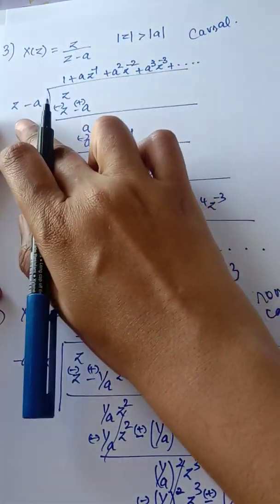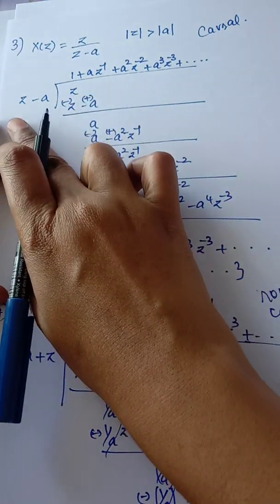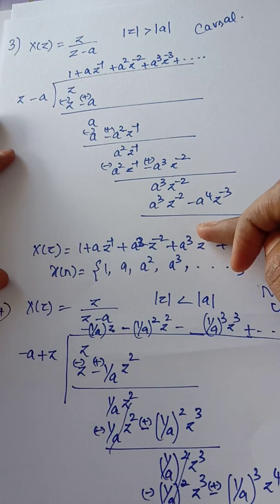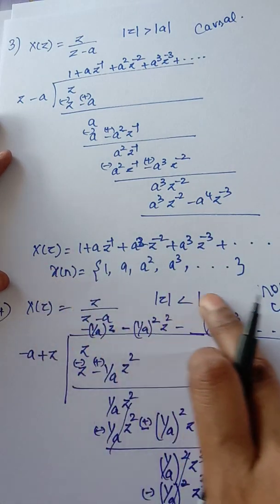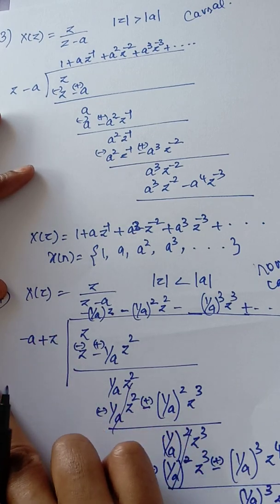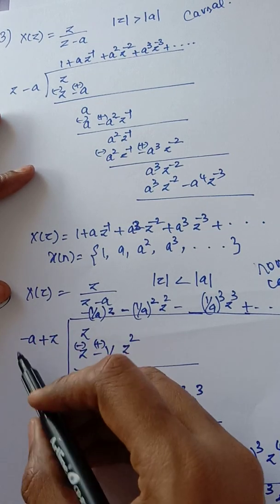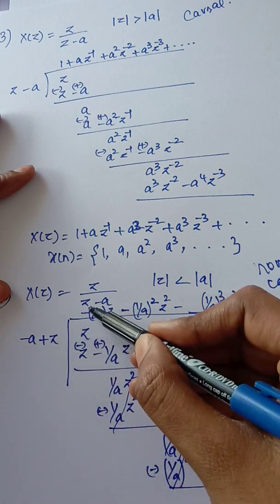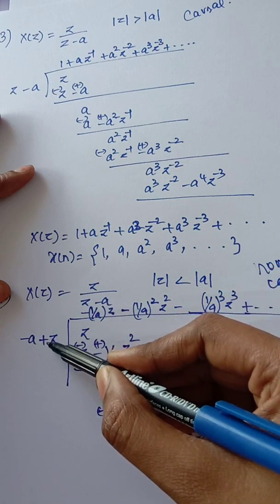Now here, in the normal order, we need to write it in decreasing powers, using the same procedure as we did. So here I have found x of n. Now consider this problem. Here you have to write it in increasing order. So the z power 0 coefficient is minus a, then the z power 1 coefficient is 1 z.